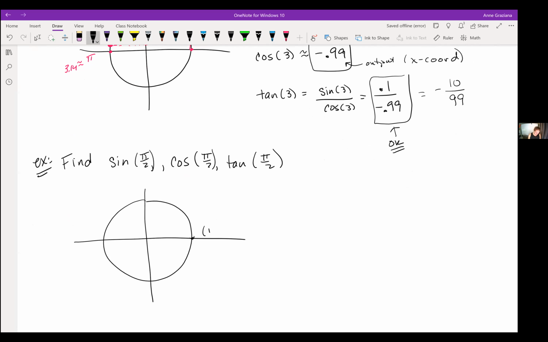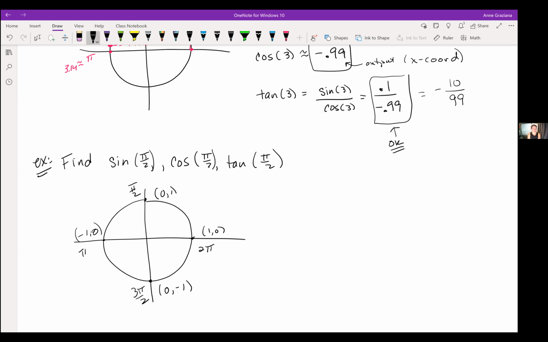Now, 1, 0, negative 1, 0, 0, 1, 0, negative 1. And just to fill it in, this is pi over 2, this is pi, this is 3 pi over 2. It doesn't hurt to do that every time. It also just embeds it in your brain so you don't forget.